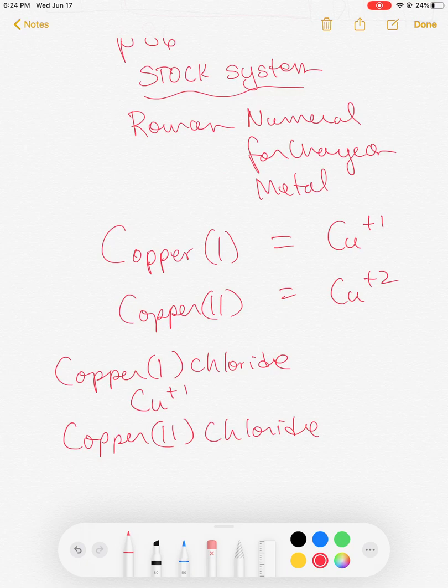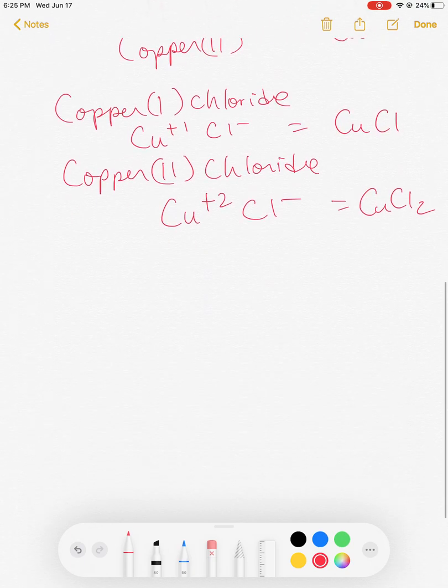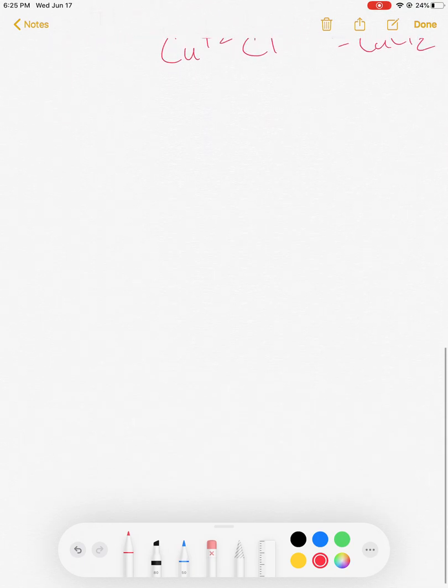Copper(I) means you have copper +1. Chloride is always -1. So the formula would be CuCl. Copper(II) means you have copper +2. Chloride is always -1. So the formula would be CuCl2. That's pretty much it. What if you have to come up with the name from the formula? Let's say that you have SnCl4.